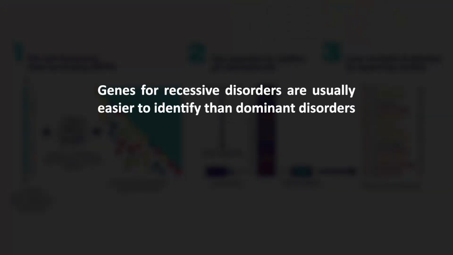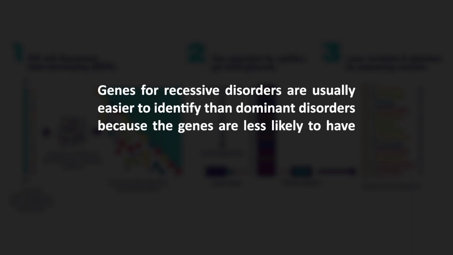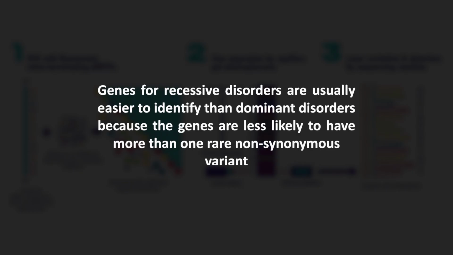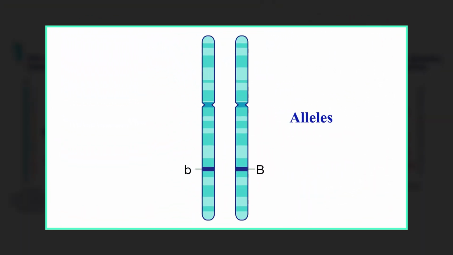Genes for recessive disorders are usually easier to identify than dominant disorders because the genes are less likely to have more than one rare non-synonymous variant. The system that screens common genetic variants relies on dbSNP, which may not have accurate information about the variation of alleles.